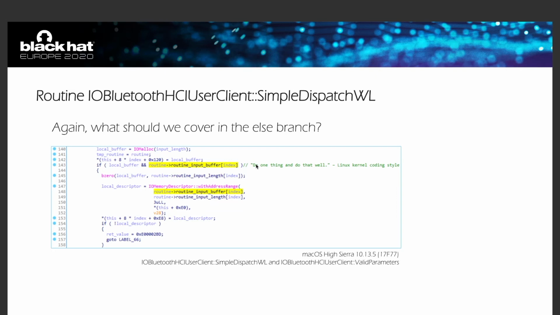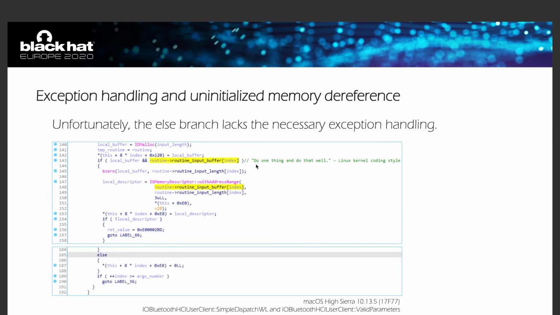According to our previous analysis, the else branch should cover all three corner cases. But what about the actual situation? Yeah, we can see here, the else branch has nothing.